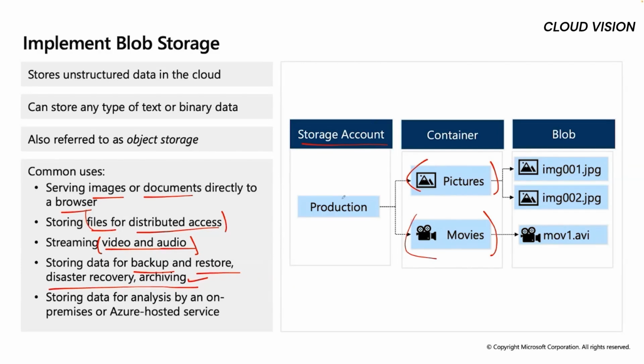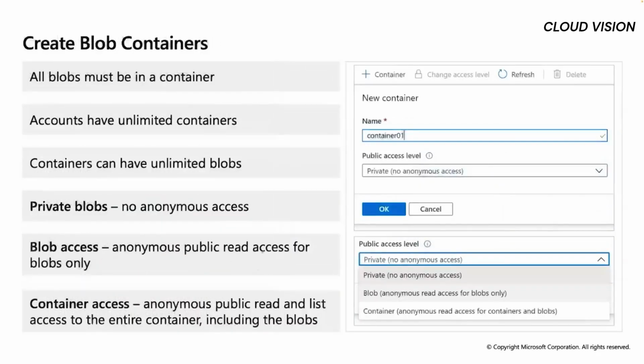Why would I use this storage account to do all these tasks? Because it's highly reliable, with about 11 nines, as I said, for blob, and it's also low cost, so it works brilliantly.